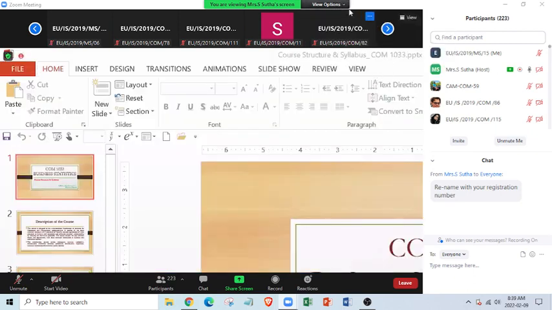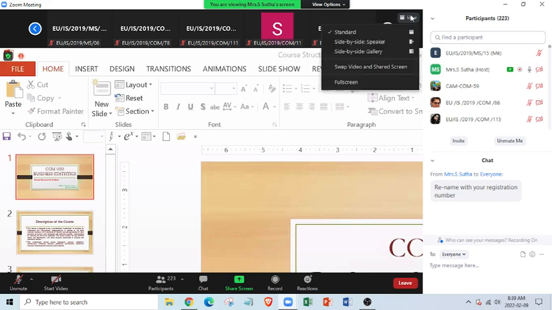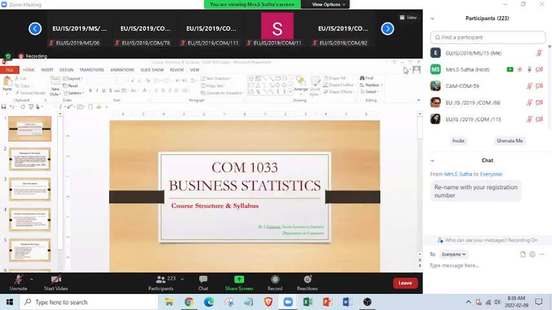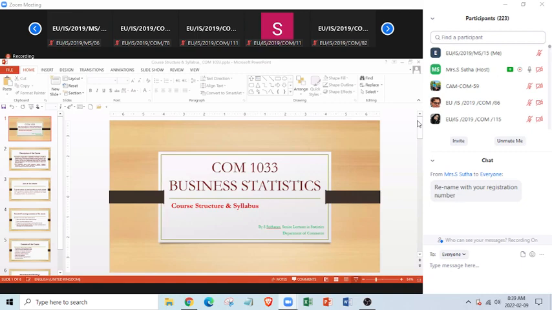Then the intended learning outcomes of this course. At the end of this course, you will be able to explain core statistical terms, concepts, and theory, right? Then you will be able to review or describe the statistical techniques you learned.